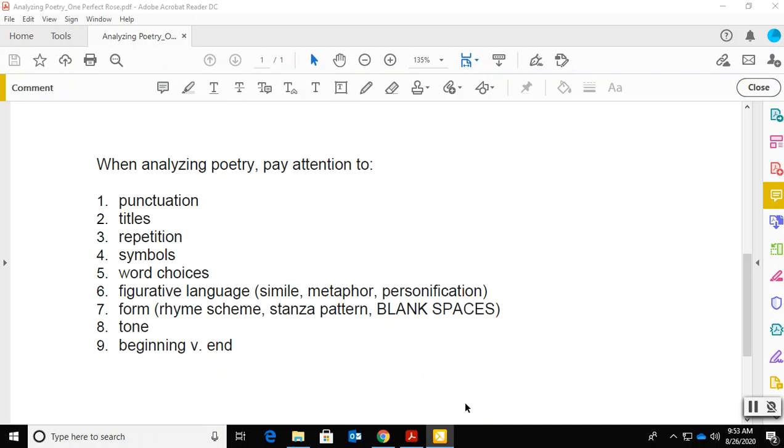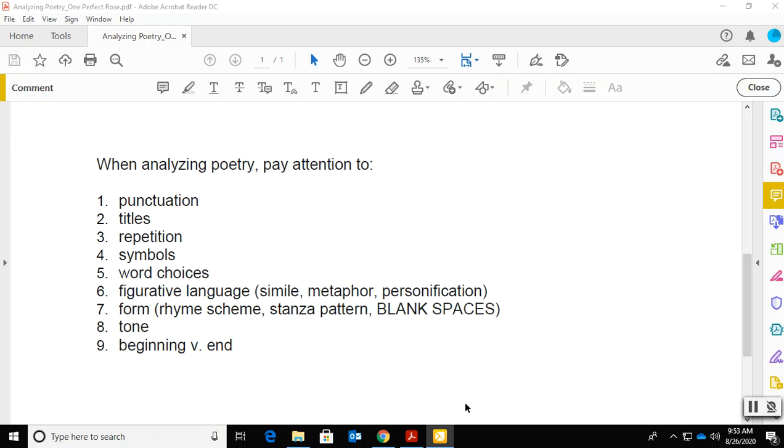So all of these are elements that we need to think about when we are analyzing poetry. Because what you're trying to do is to see if the poet has established any patterns, and then if those patterns have been broken in any kind of way. Because that's what you need to pay attention to.